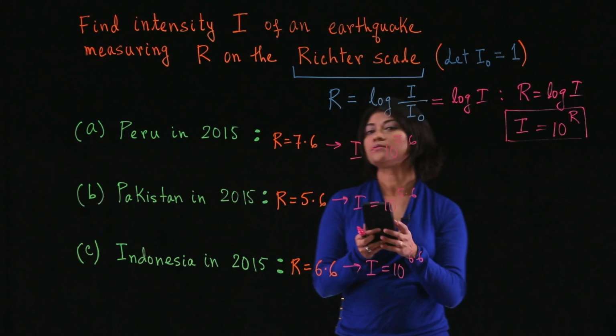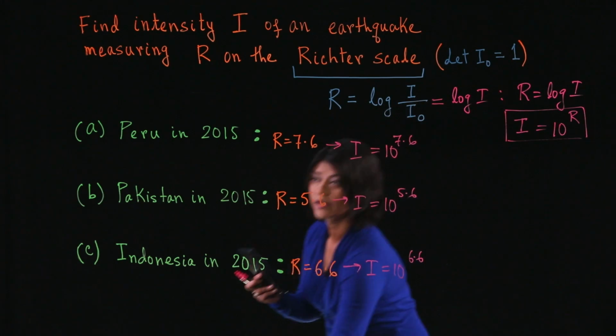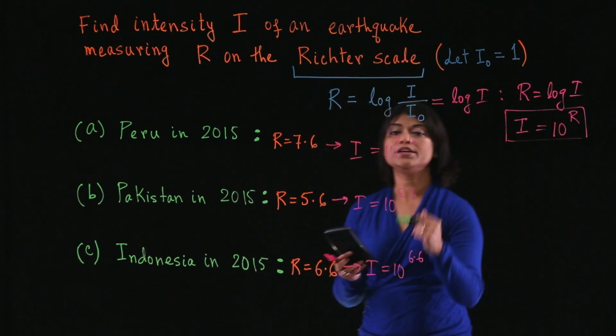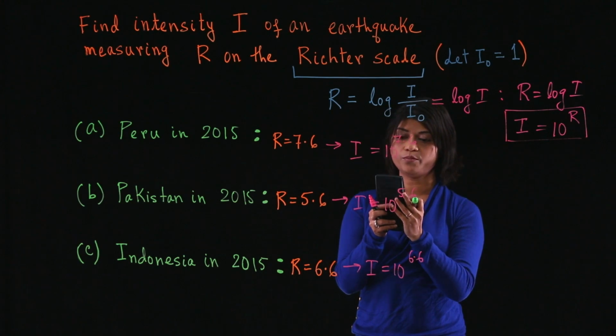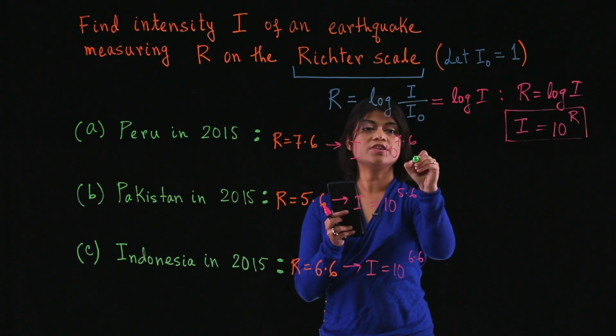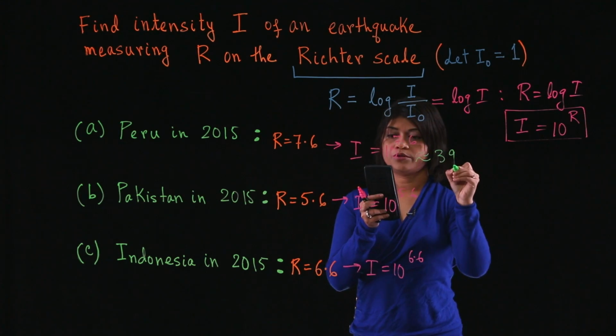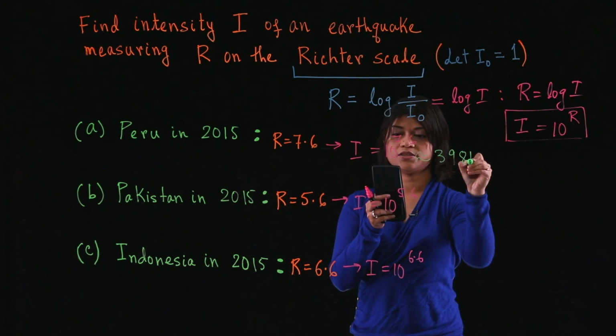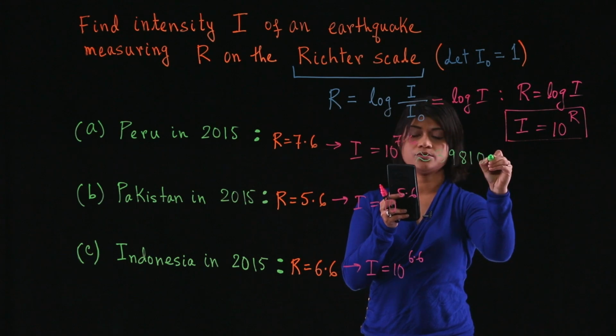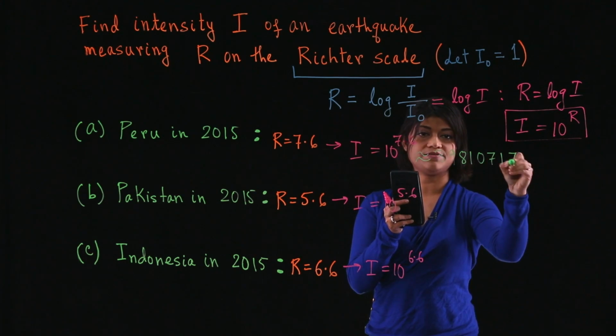When you plug in I equals 10 to the power 7.6, you get approximately 39810717.